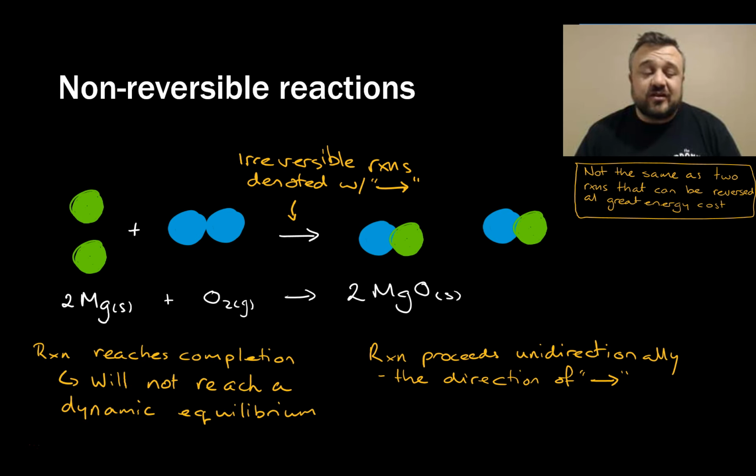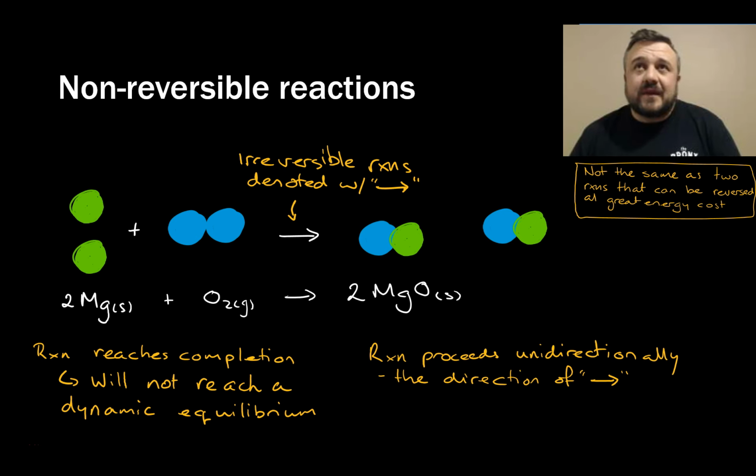Reactions reach completion. So a non-reversible reaction will reach a completion either in a closed system or an open system. It will not reach a dynamic equilibrium. In other words, until the limiting reagent is found, it will use all of the components up and move towards the products, and it won't go backwards.